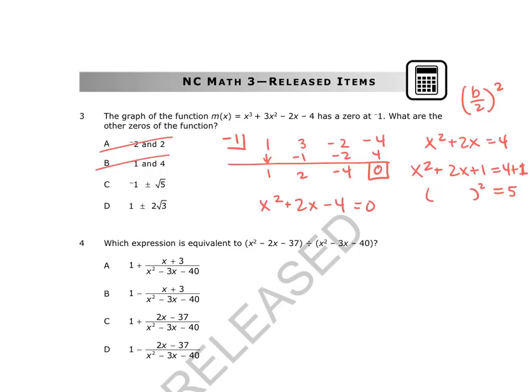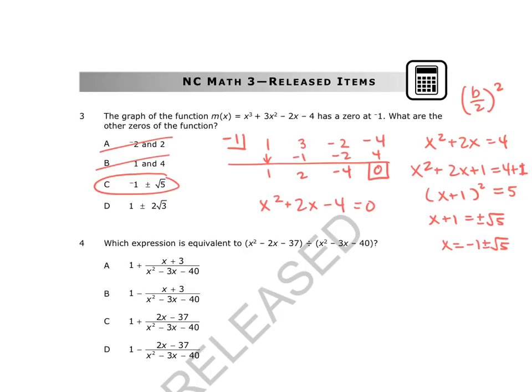This is going to be something squared: x plus 1 is what it's going to be when I factor it. You can see this coming to fruition, that this is going to be the square root of 5 answer. I'll finish it out: x plus 1 equals plus or minus square root of 5. Subtract the 1, x equals -1 plus or minus square root of 5. You could also do this with the quadratic formula, and you'd get the same answer.